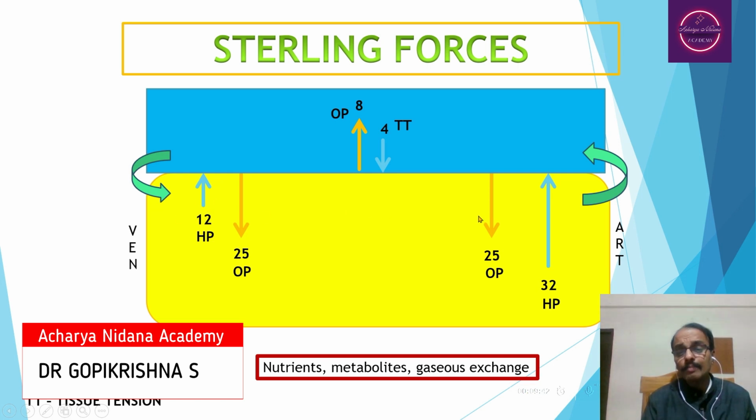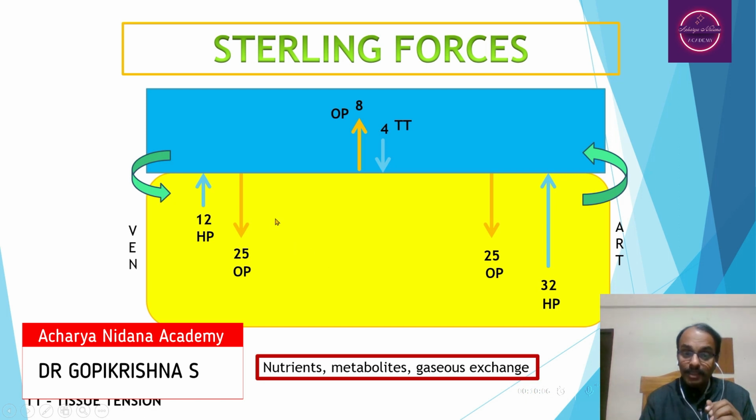Why does this discrepancy happen at the arterial and venous end? Because the hydrostatic pressure at the arterial end is responsible for the movement of fluid, the water portion, from the capillary to the interstitial space. That means as the fluid moves from the arterial end to the venous end, the fluid portion is minimized.